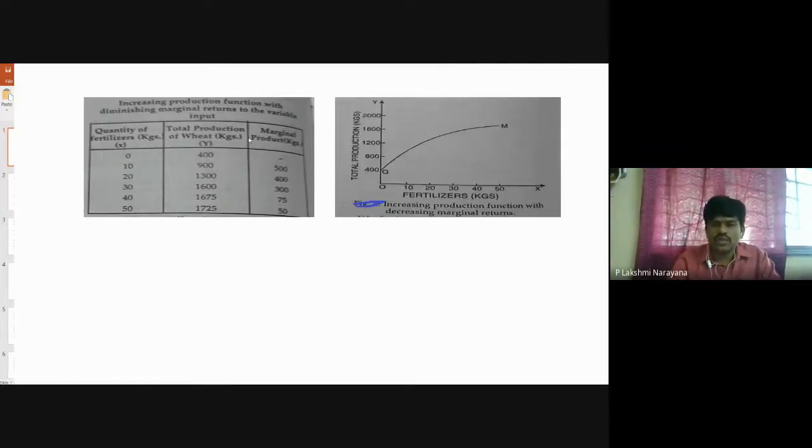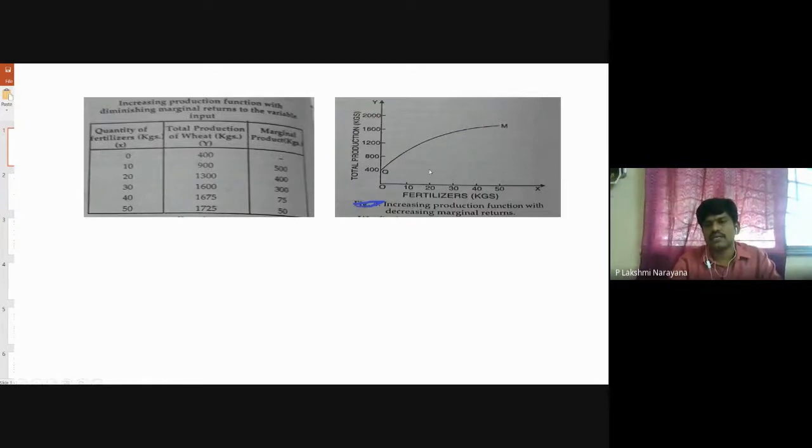So the first total production is increasing, sharply increased here. Later on, increasing but with a declining trend. So what is this type of graph?